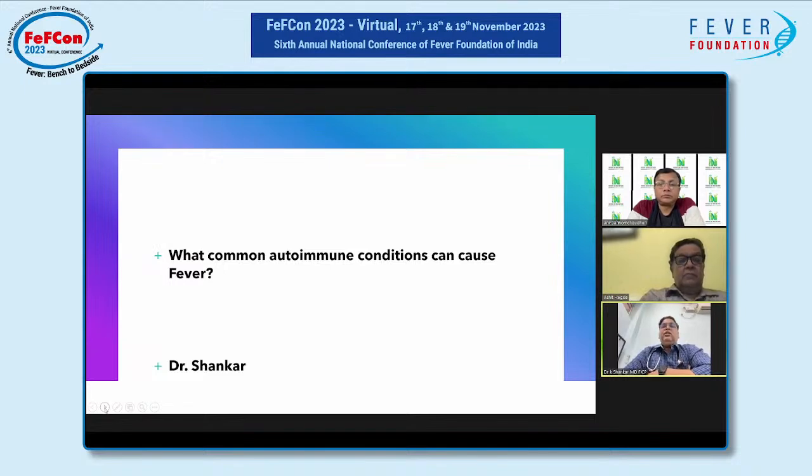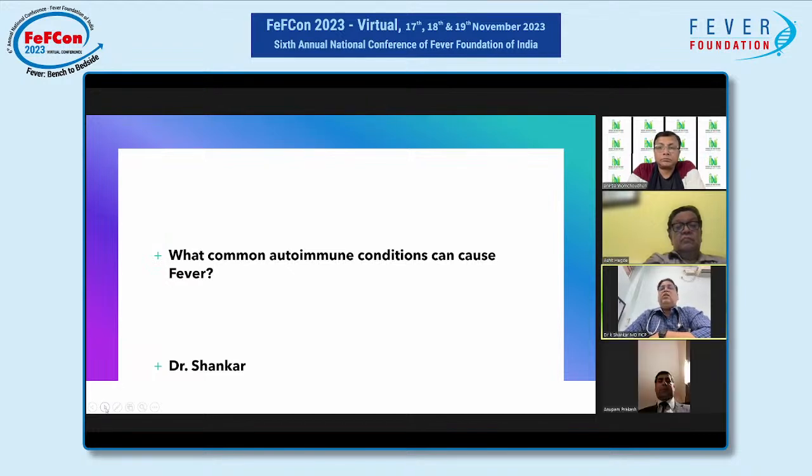So in that situation, we have to counsel a patient with autoimmune conditions and check regular follow-up with their physicians, then counsel and assure them, and according to treatment schedules consider any change of medication. If you feel the fever is persisting, consider whether the drug is tolerable or intolerable.